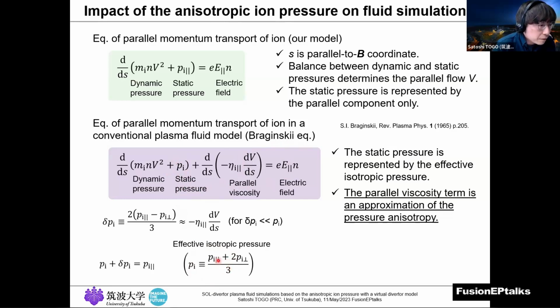But obviously, this P is different from P-para, and the difference between them, denoted by delta P, can be expressed like this equation in terms of P-para and P-perp. And in this conventional model, this delta P is approximated by this term under the assumption that delta P itself is much smaller than P. This is why there appears a new term called the parallel viscosity.